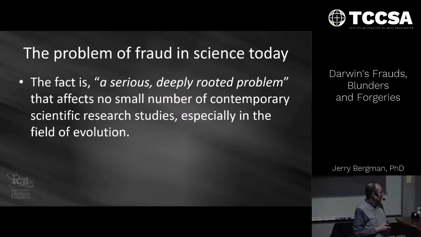He says there's frauds in science. The problem of fraud in society is a serious, deeply rooted problem that affects no small number of contemporary scientific research studies, especially in the field of evolution. And I should add, especially in the field of medicine. Of all places where forgery should not be is in medicine. Why? I don't know if any of you have worked for a medical school, but I have.